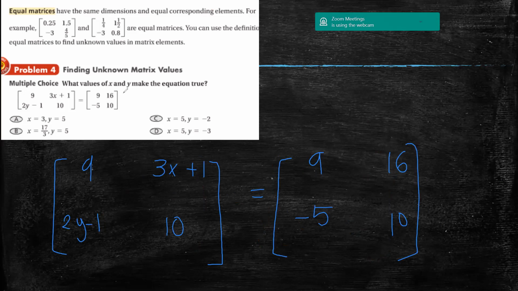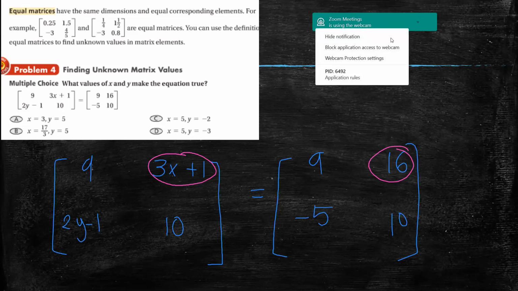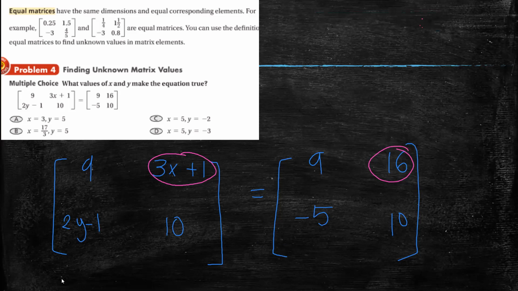They are equal, so 3x plus 1 is equal to 16. That's 3x is equal to 15.